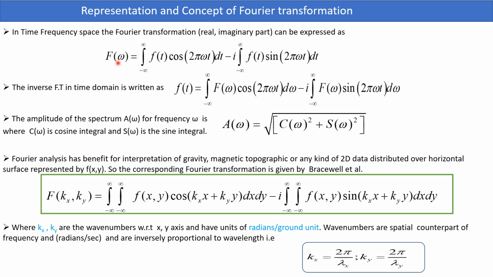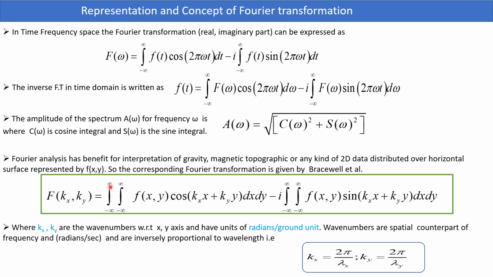Using the Fourier transformation we can go to the frequency space, and we can also come back to the time domain using the inverse Fourier transform. The amplitude spectrum is the root of the cosine squared plus sine squared integrals. We can have that amplitude spectrum in frequency space. Computationally it is much easier to work in the frequency space compared to the time space.